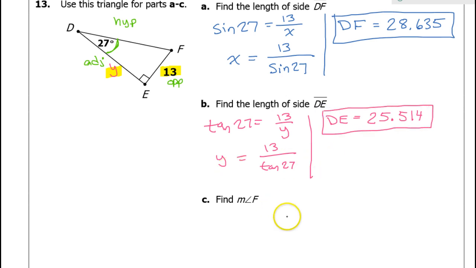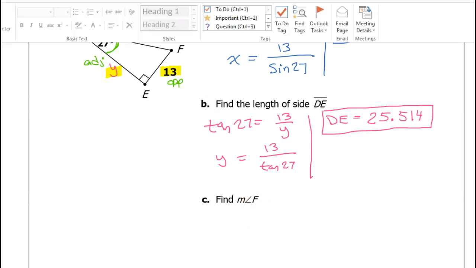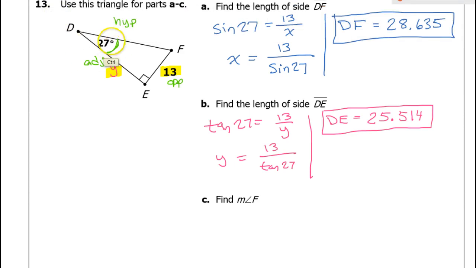Okay, finally, we need to find the measure of angle F. Since they gave us the other acute angle, 27, all I need to do to find the measure of angle F is subtract 27 from 90, and that's going to give me the other angle.